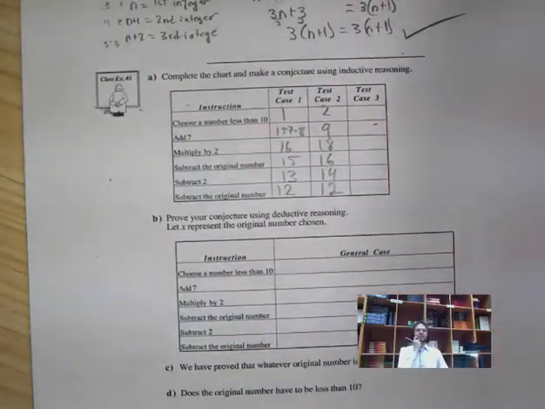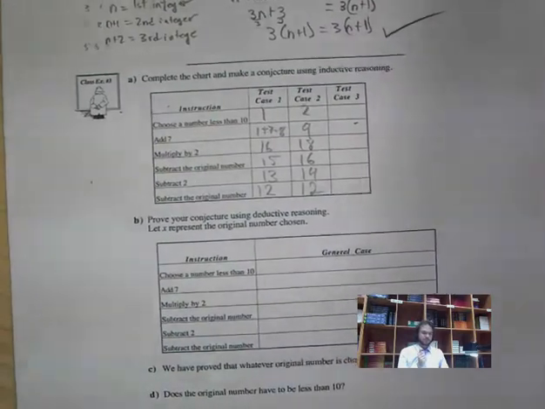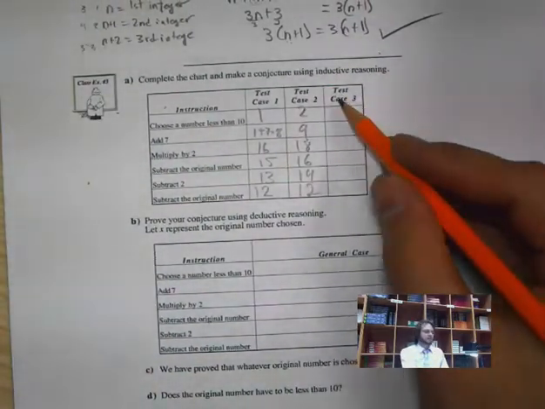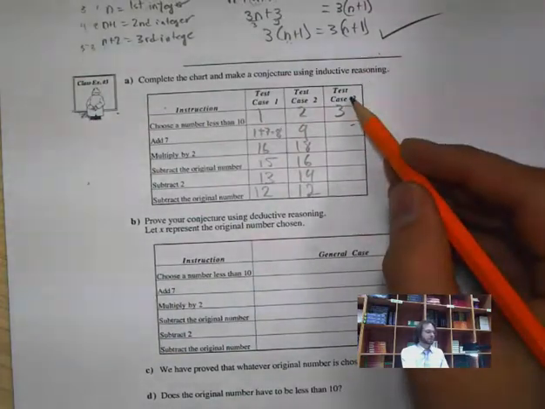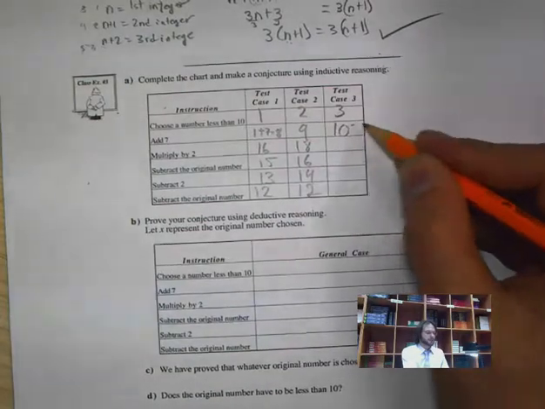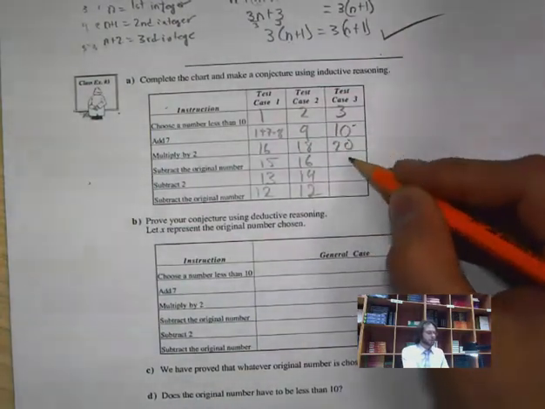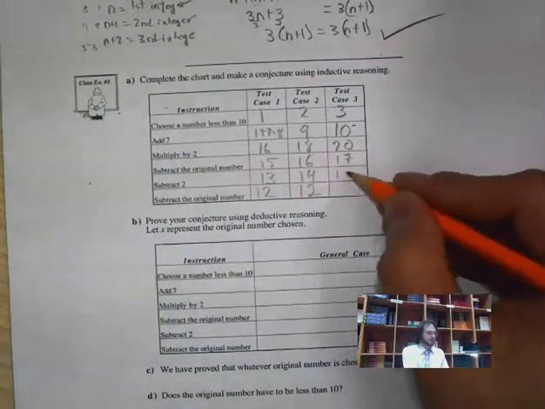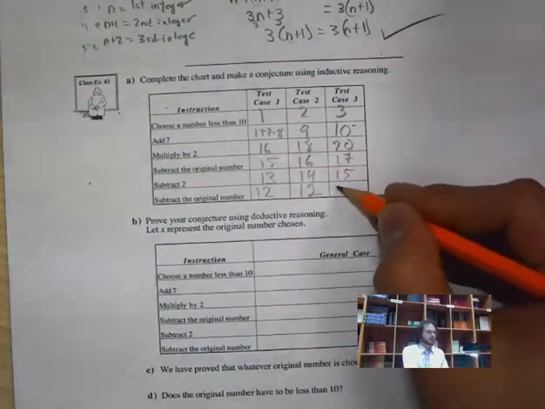Well, that's kind of interesting. Let's take a look at the next one. Let's try 3. Add 7, 10, multiply by 2, 20. Subtract the original number, 17. Subtract 2, 15. Subtract the original number again, and I get 12.